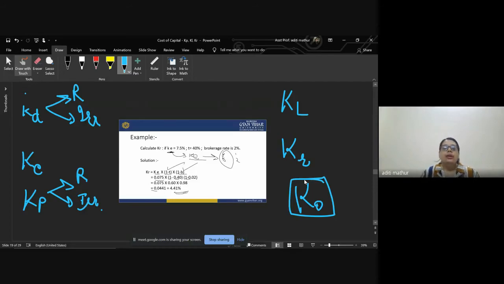Right? So now let us have a quick recap on the formulas related with the cost of preference shares, cost of loan and retained earnings.